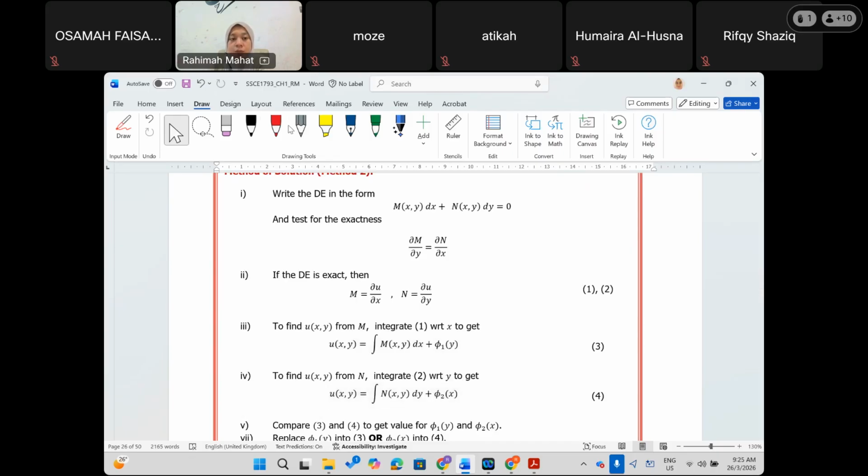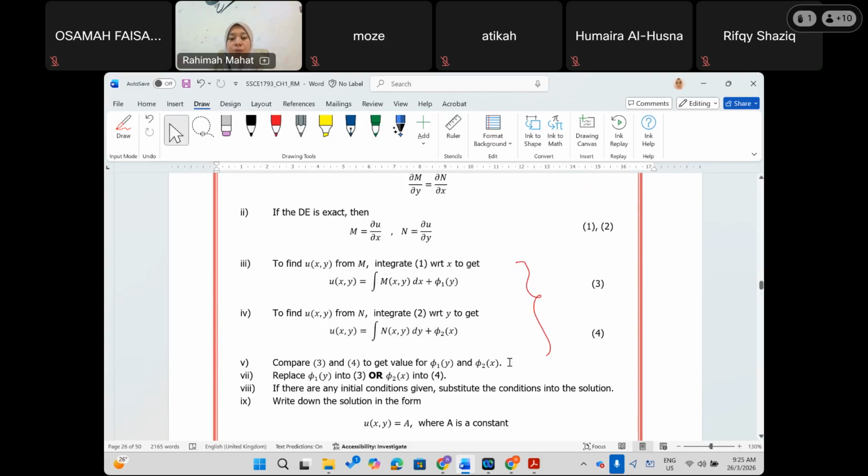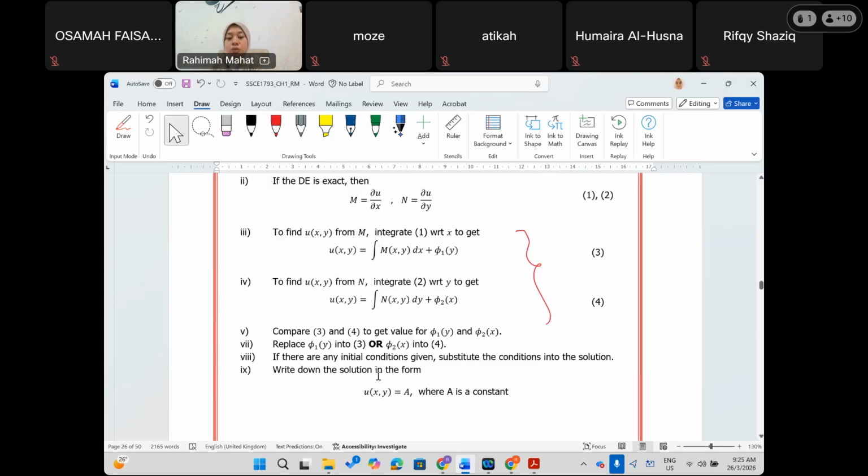This is where the difference between method 1 and method 2 starts. You compare 3 and 4 to find the values of V1 and V2, replace V1 into equation 3 and V2 into equation 4. If the initial condition is given, you can substitute, so you can write down the full solution.